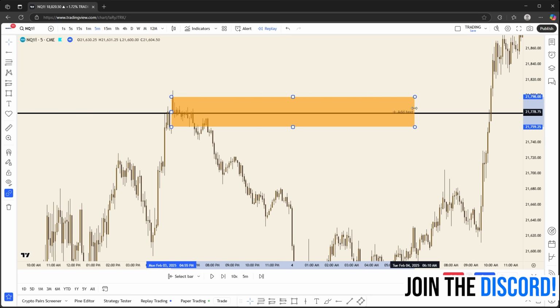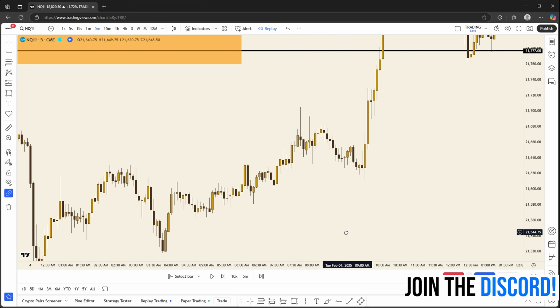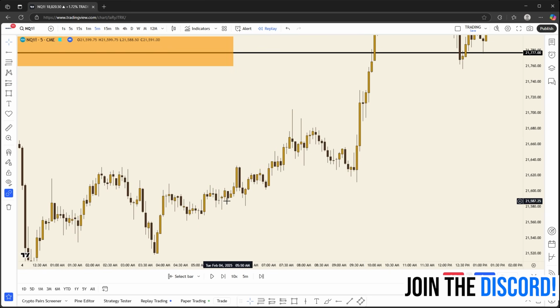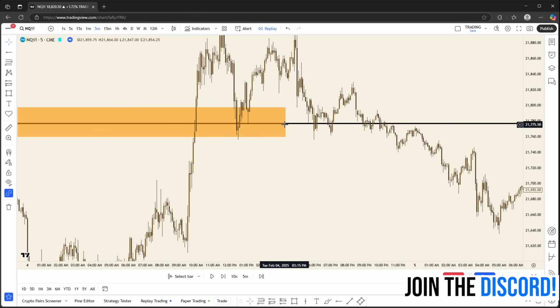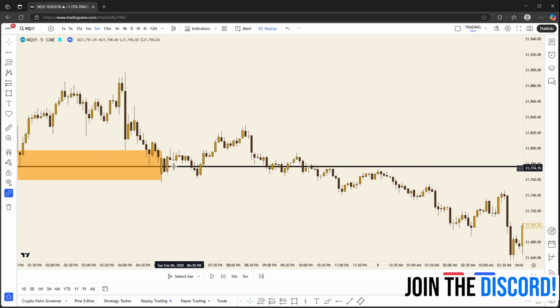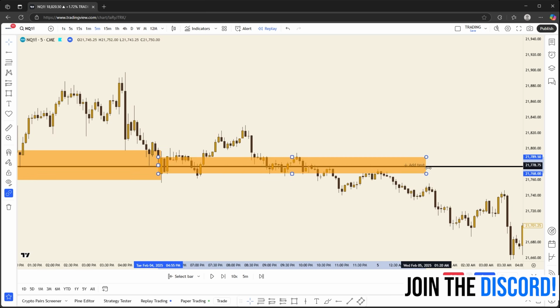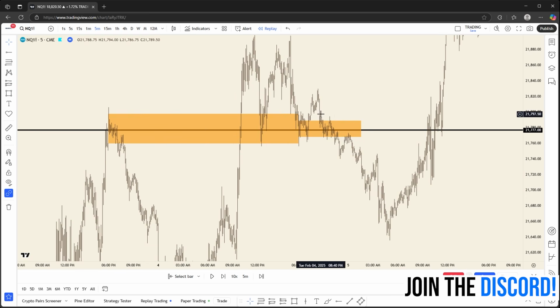I'm personally just going to use this till 6 p.m. So this is 4:55 p.m., and then I'm going to be using this until Tuesday, 6 p.m. So I'm going to be using this all the way until here, okay? And at this point, we have a new day opening gap, which comes from the closure of this candle and the opening of this one. And this is going to be the new gap that I use going forward into the next day.